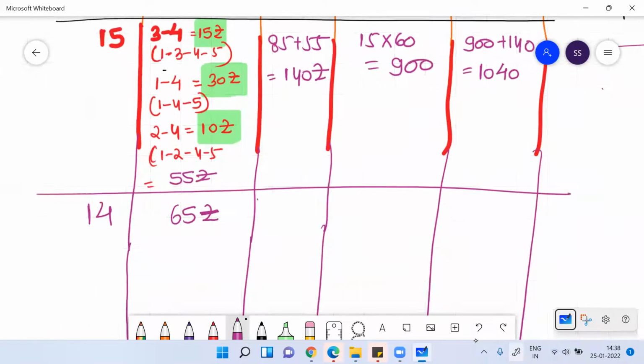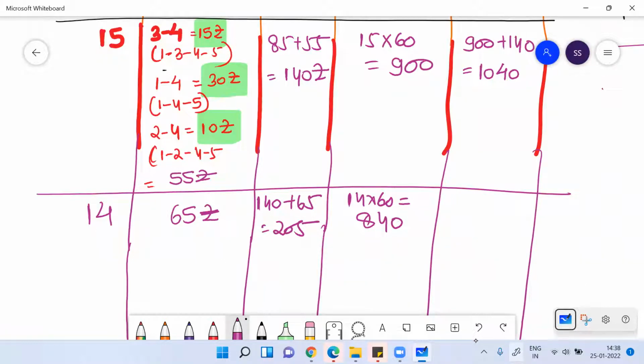Now total crash cost will be 140 plus 65, that will be 205. And here your indirect cost will be 14 into 60. 14 into 60 will be 840 if I'm not wrong. So your total cost will be 840 plus 205.